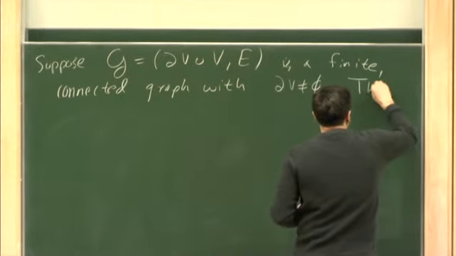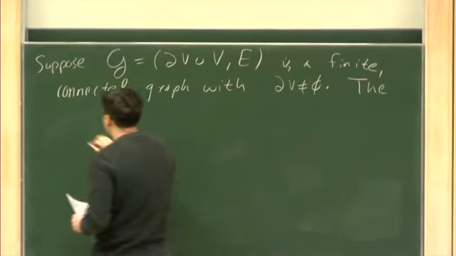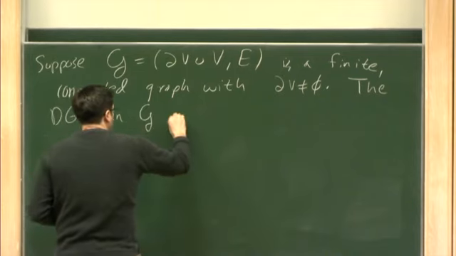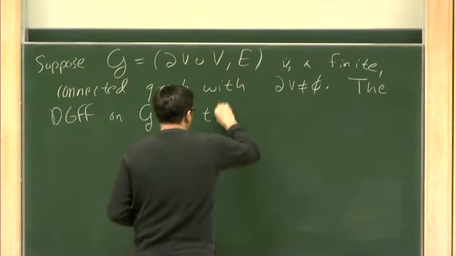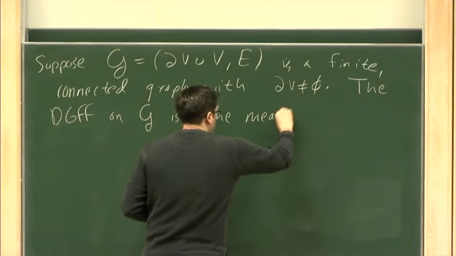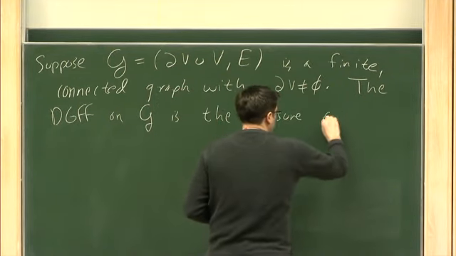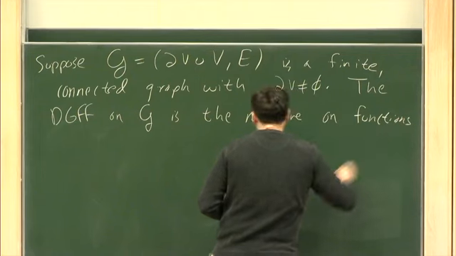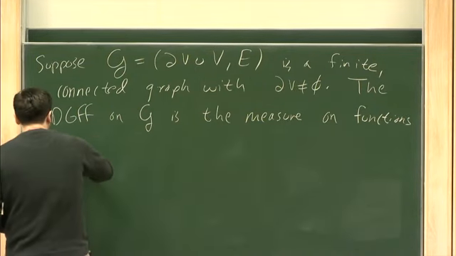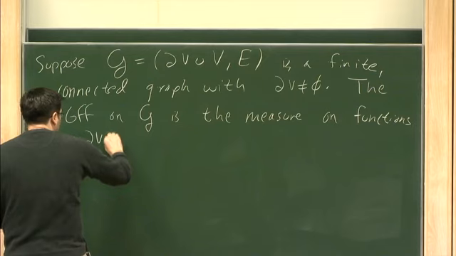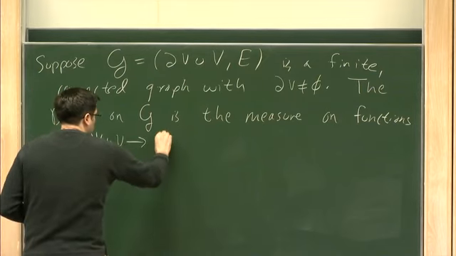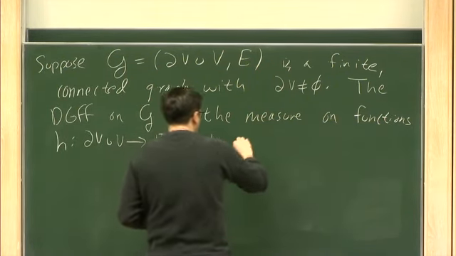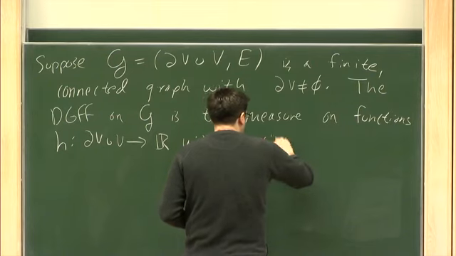OK, so what is the discrete Gaussian free field? The discrete Gaussian free field on this graph refers to the probability measure on functions. These functions are defined on the vertices of the graph, and they're real valued. And this measure is described in terms of its density with respect to Lebesgue measure.